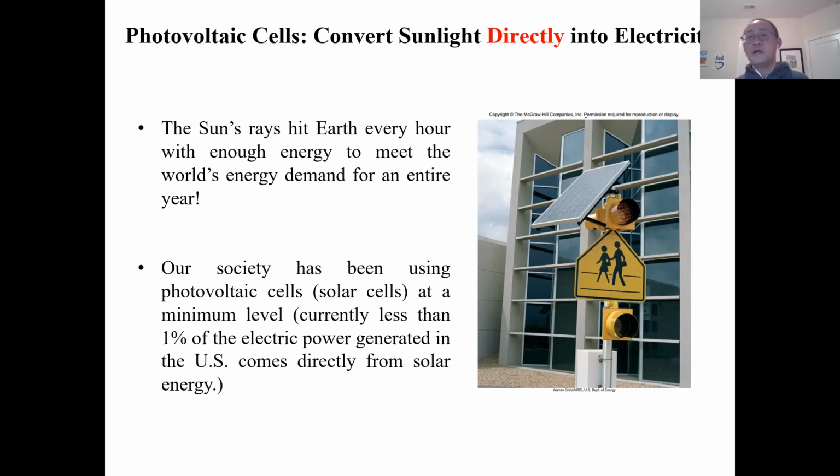In the second half of the chapter, we're going to talk briefly about how we convert sunlight directly into electricity. We call those cells photovoltaic cells. We use the energy from the sun and convert that directly into electricity.